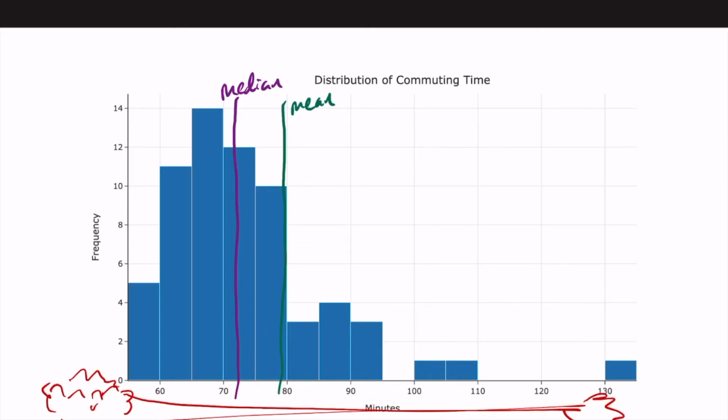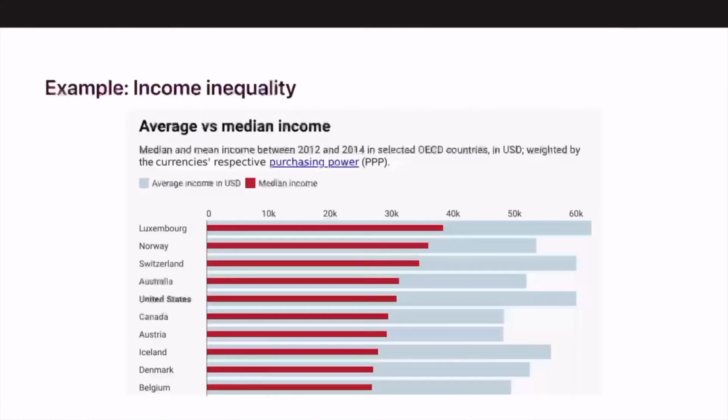So the median gives us a nice way to think about the center, I don't want to say fair center, but the center that provides us a nice view into perhaps where the true midpoint of the data is. So for income, if we look at the United States, for the median, it's around 35K, but for the mean, it's up to 60K.